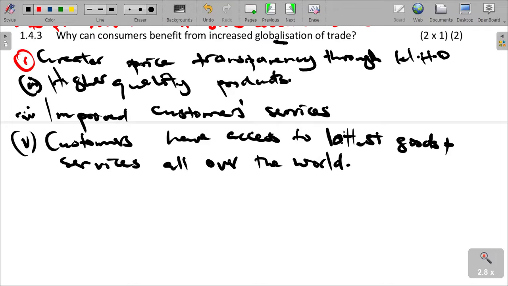We also have increased availability of specialized goods which are also of high quality.